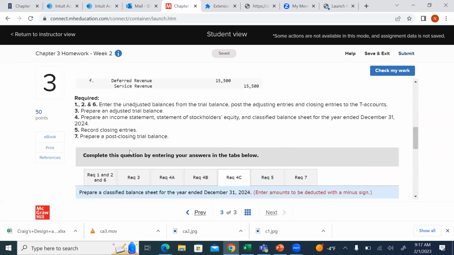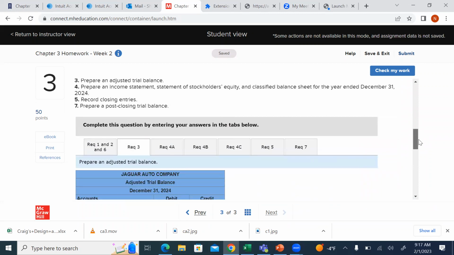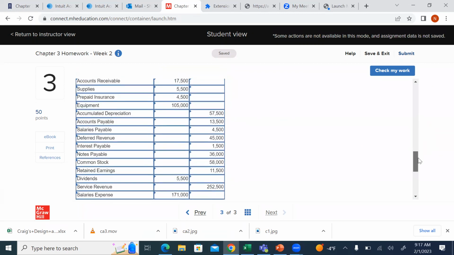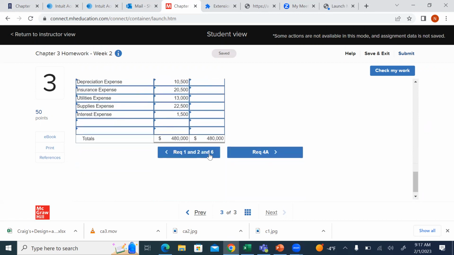Deferred revenue 45,000, interest payable 1,500.